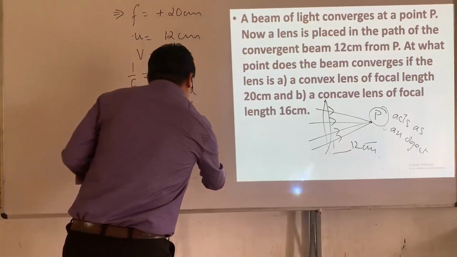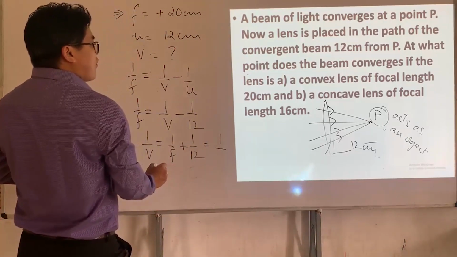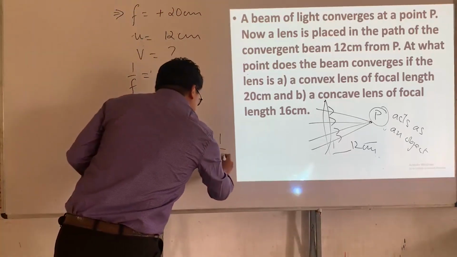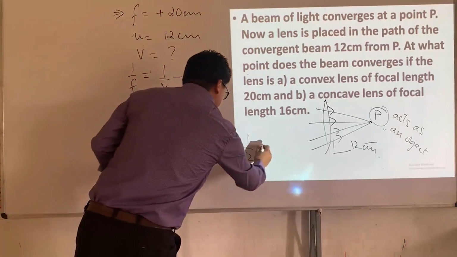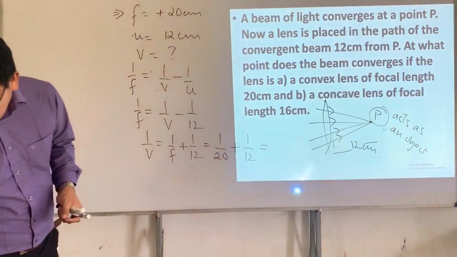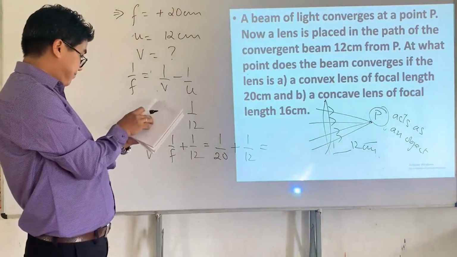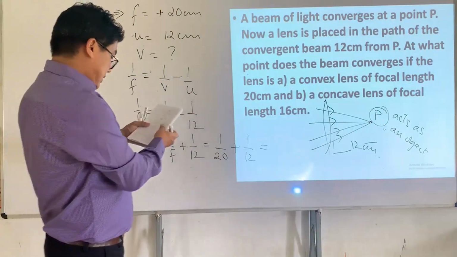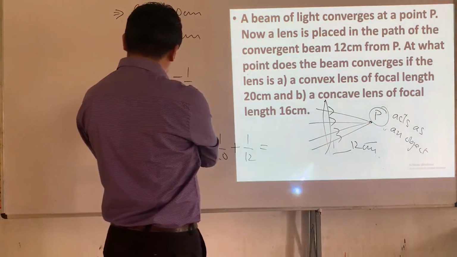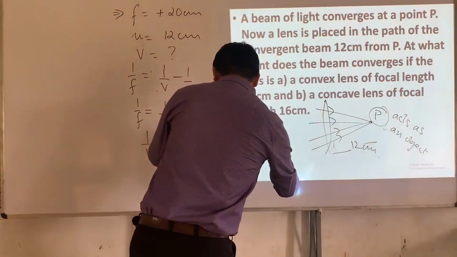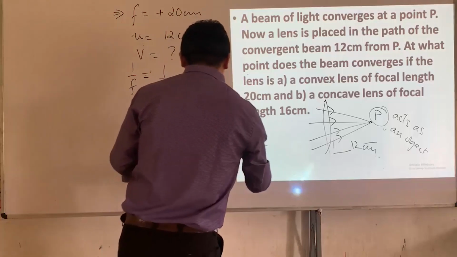And then F, the focal length, is 20. What is that? It is 12. You find out the LCM, alright? Finally, the answer would be 75 centimeter, right? Do this.